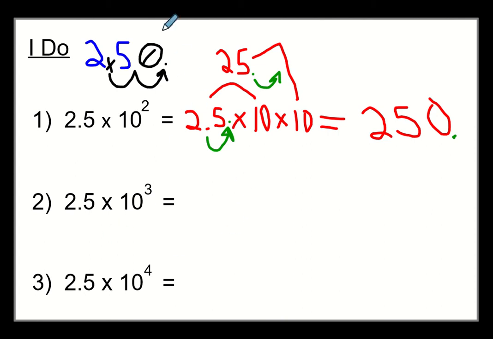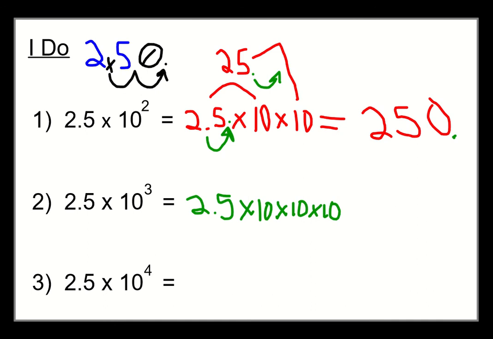For number 2, we're going to see similar truths related to moving decimals when we are multiplying by a power of 10. So again, I know that 2.5, or 2 and 5/10, times 10 to the third power can be written in an alternative manner: 2 and 5/10 times 10 times 10 times 10.